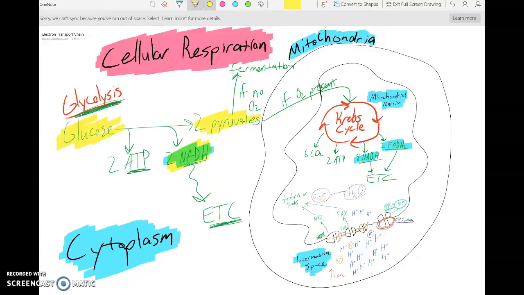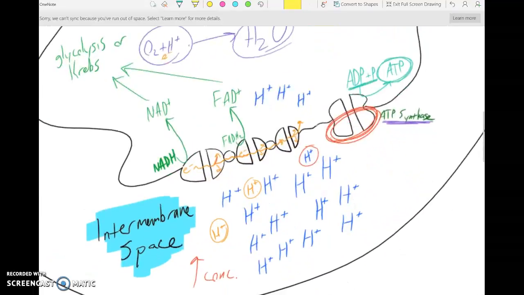Glucose also produces pyruvates, which go to the Krebs cycle, which produces more electron transporters. All of these electron transporters are bringing these electrons to the electron transport chain. They're giving off energy. They're pumping these hydrogens across. They're establishing this big concentration gradient, which ultimately causes ATP synthase to transport these hydrogen ions, which causes it to spin, which produces our ATP.